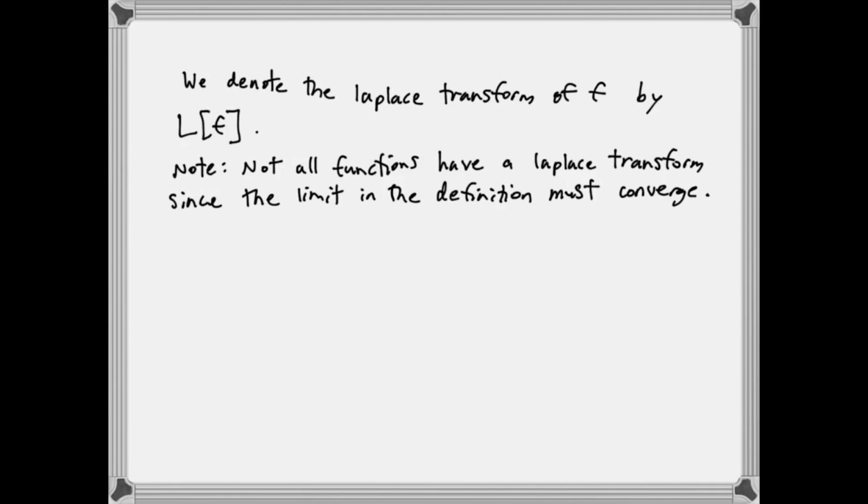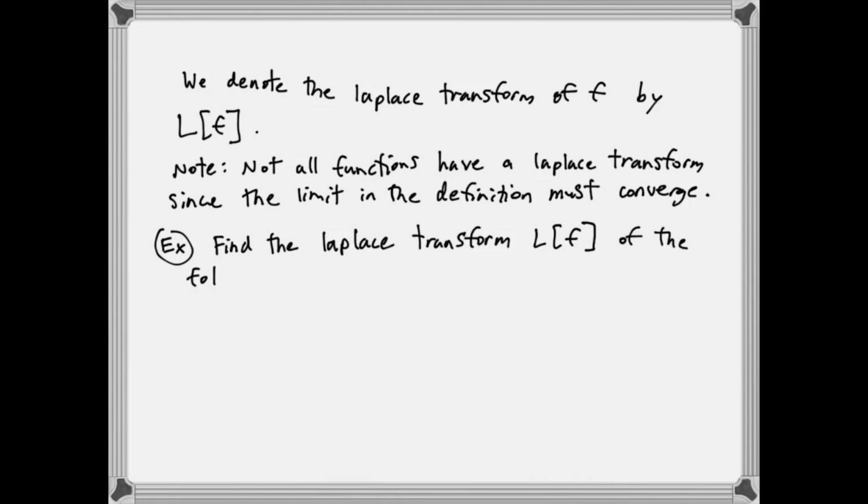What I want to do in this next example is find the Laplace transform L of f of some basic functions.